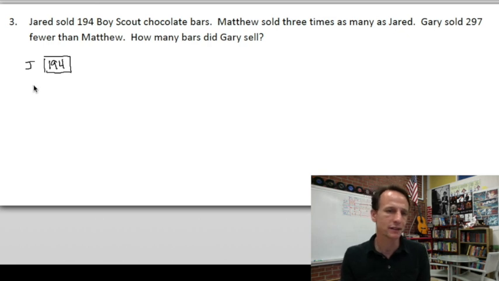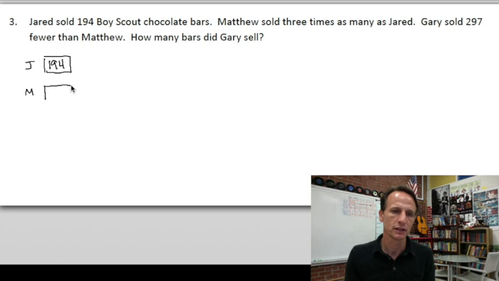So now Matthew, however, is going to be Jared times 3. So 1, and then 2, and then 3. And these are each, let's just write them in, 194, 194, 194. I apologize, that 4 does not look like a 4.